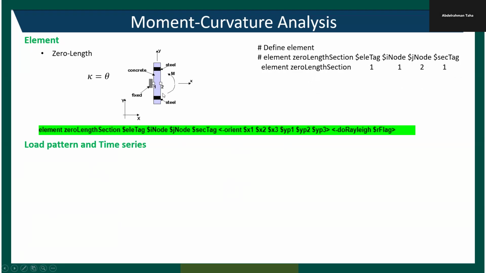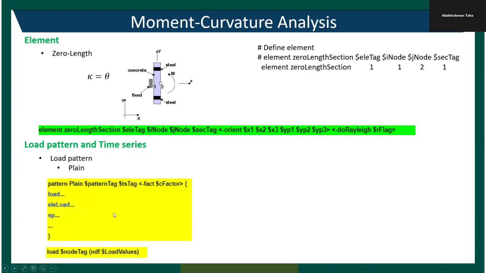to the cross section. In this case, we have a moment, and we want to apply both monotonic and cyclic loading. So let's see how we can define this. Since this is basically a static problem, we want to apply these monotonic and cyclic moments statically. For this, we can start by defining a plain load pattern.